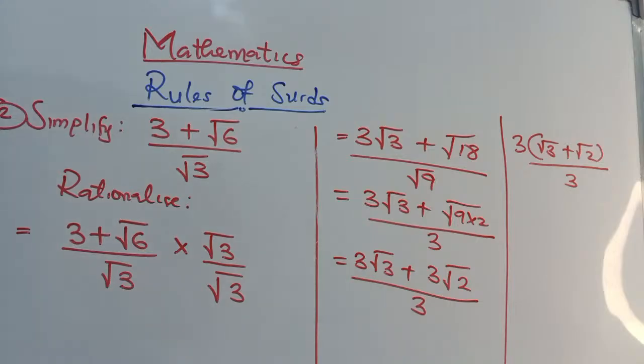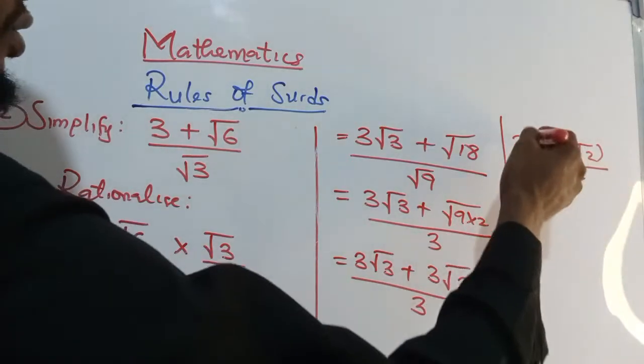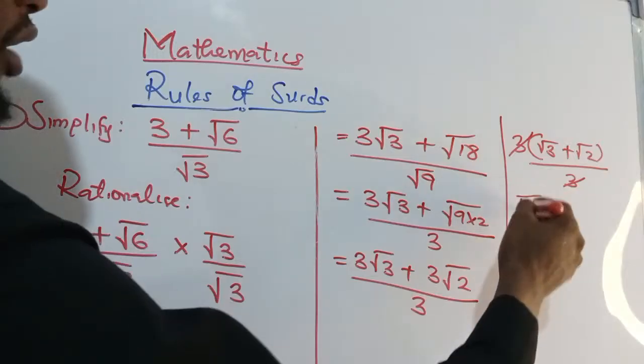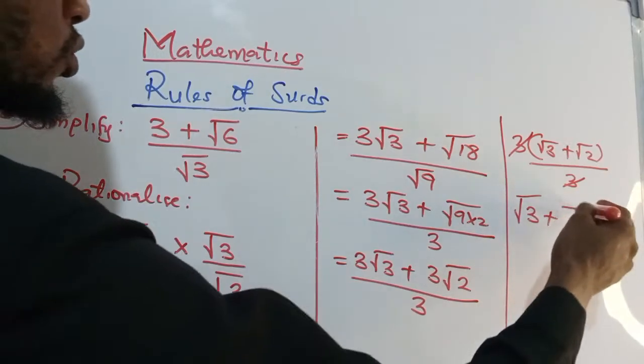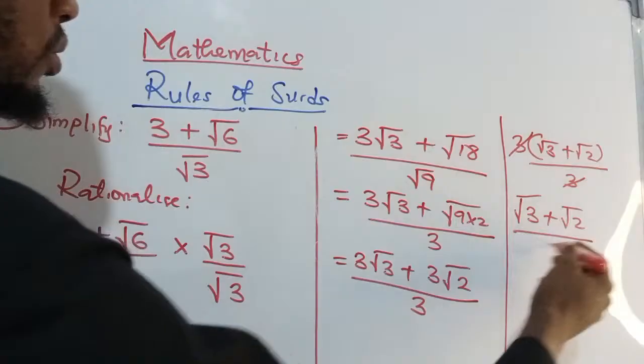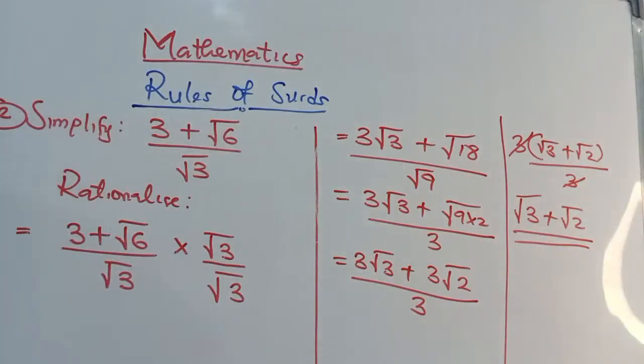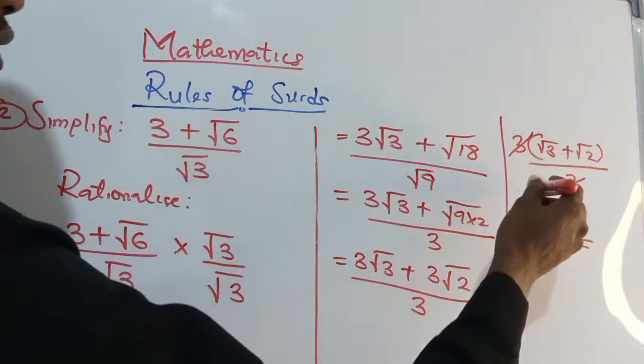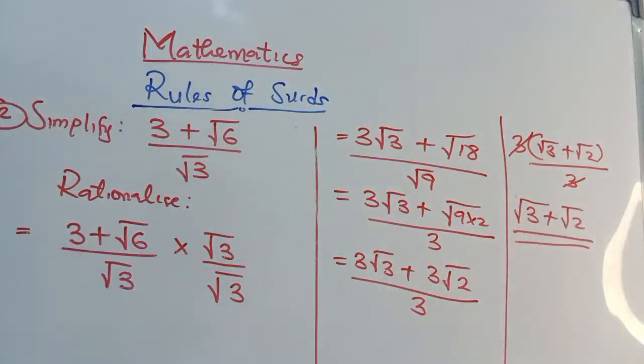And finally, we can see this 3 cancels this 3. So we have root 3 plus root 2 as our final answer. Root 3 plus root 2.